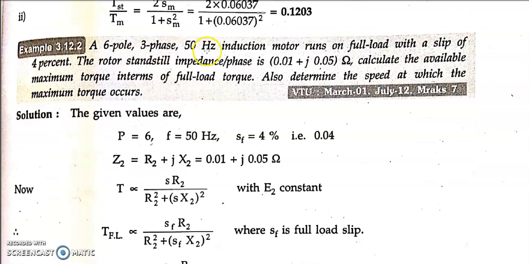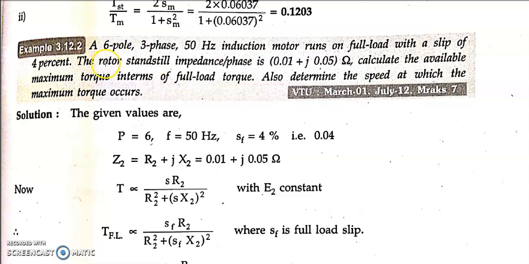Okay, so next let's see the problem. A 6 pole 3 phase 50 Hertz induction motor runs on full load with a slip of 4%. So SFL is equal to 0.04, or you can write it as 4% also. The rotor standstill impedance per phase, that is Z2 per phase, not Z2R, it is Z2, because standstill is given.